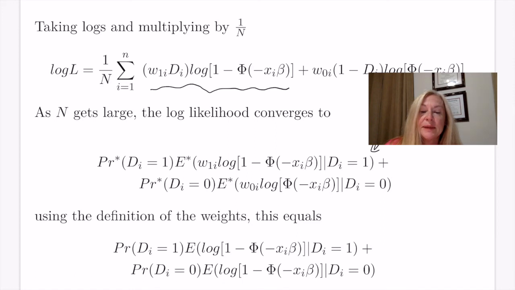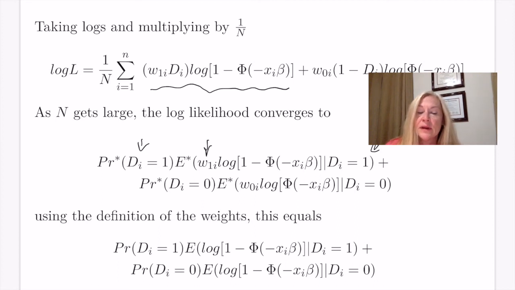And this is the expectation with respect to the sample you have. But now if you take into account the weights, remember, the weights are equal to the ratio of the true probability divided by the choice-based probability. Then this part here is going to cancel with the weight.